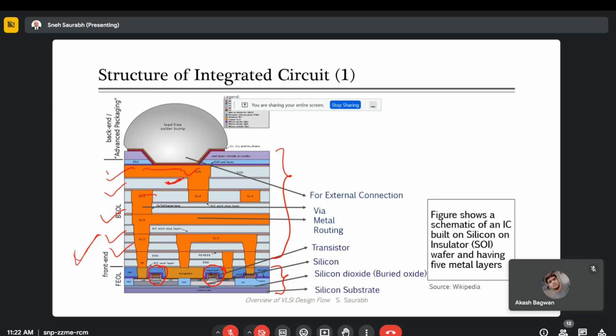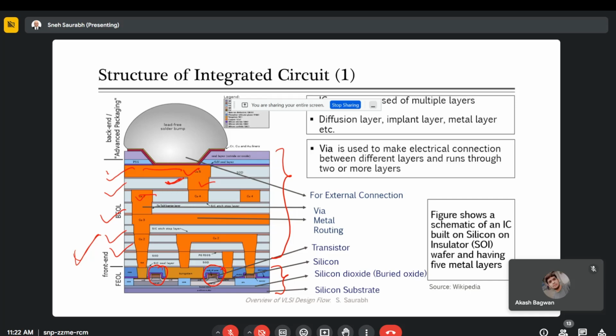So we have different layers of copper separated by dielectric, and one layer of copper is connected to the next layer below or above it using what are known as vias. Vias are also interconnects, a kind of metal which connects one layer to the other.